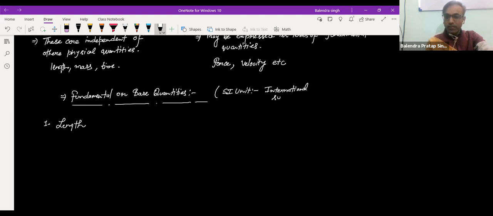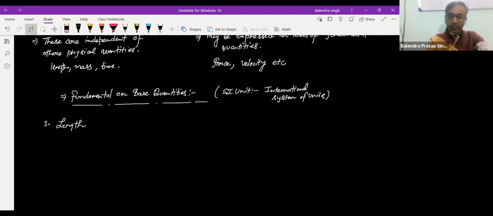This is the international system of units, meaning all over the world, these units are basically fixed. Every country follows these units.